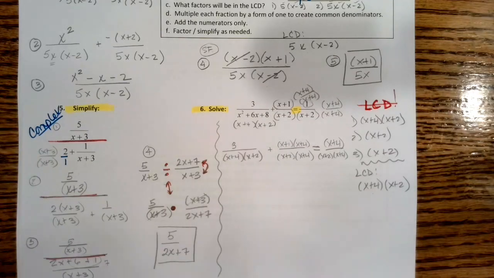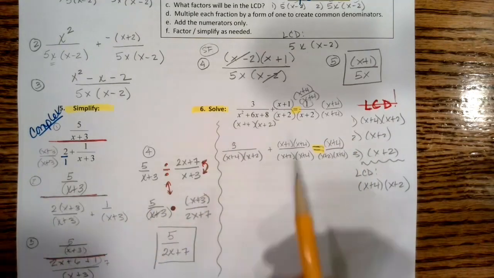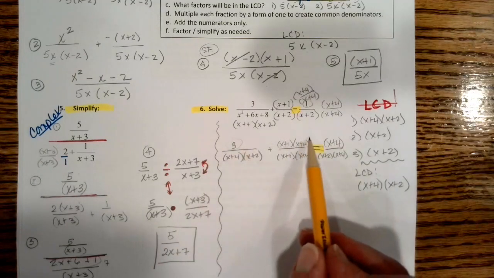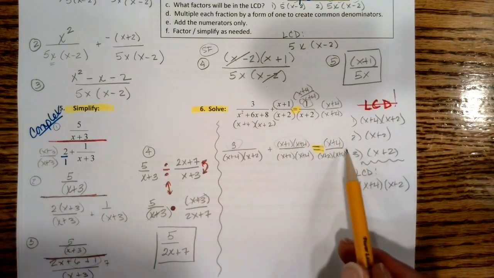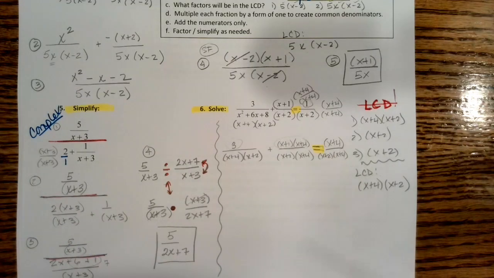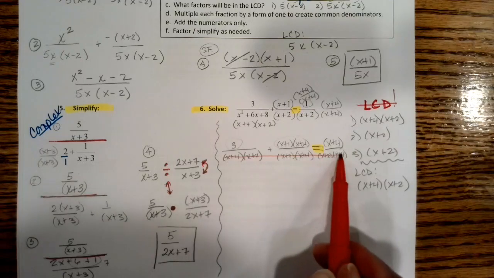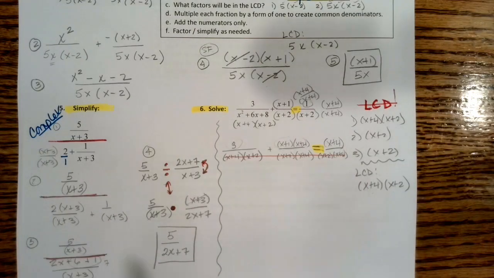Here's the cool thing. When I am solving equations, I'm looking for the value of x. That means that this 3 plus this expression equals this expression. So guess what? My denominator, now that it matches, does not need to be a part of my problem anymore.